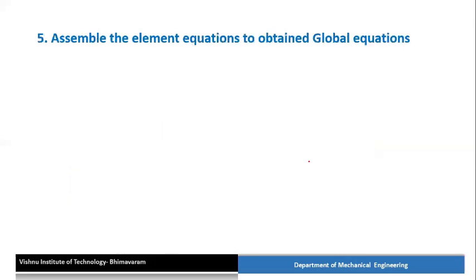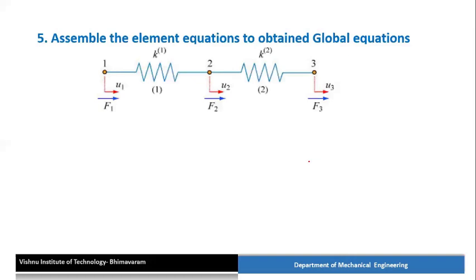And then assemble the equations to obtain the global equation. The individual element nodal equilibrium equations generated are assembled into global nodal equilibrium equations like KQ equal to F. To make it simple to understand, we may consider two springs.